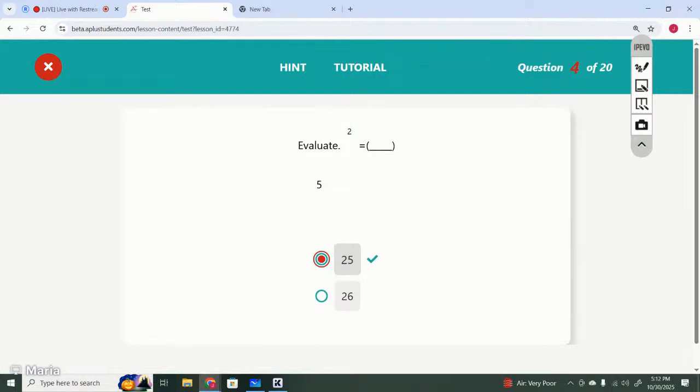Option number 1 is the correct option. So 7 square. So you have to do 7 times 7.